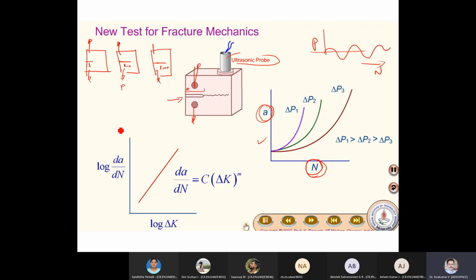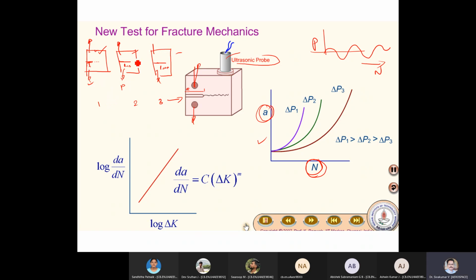So I told you, you keep on applying the load. Because the crack is there, the crack will start to grow. So case 1, case 2, case 3. Load is same, material is same, geometry is same, all are same, three specimens.